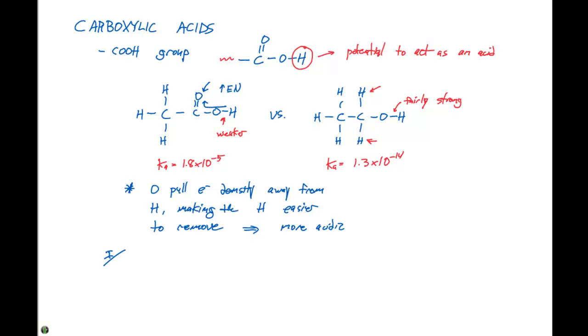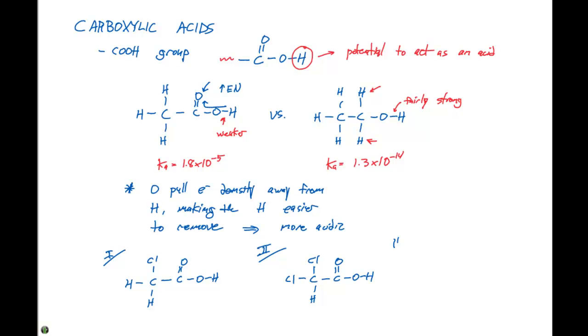Let's compare 3 different carboxylic acids. So we have our C double bond O, OH here. We have a carbon, and to that we have 1 chlorine and 2 hydrogens. We're going to compare that to this second molecule, which has 2 chlorines on it with a hydrogen.